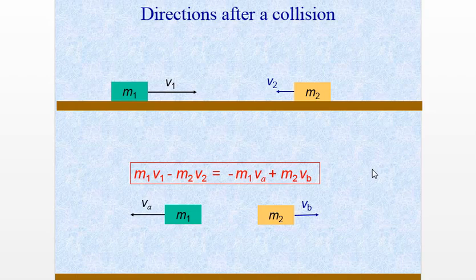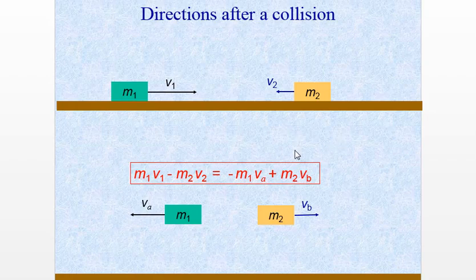Direction after collision. On the last slide, the box was drawn going in the opposite direction after colliding. This is not always the case. For example, when the bat hits the ball, the ball changes direction, but the bat doesn't. It doesn't really matter which way we draw the velocity vector.